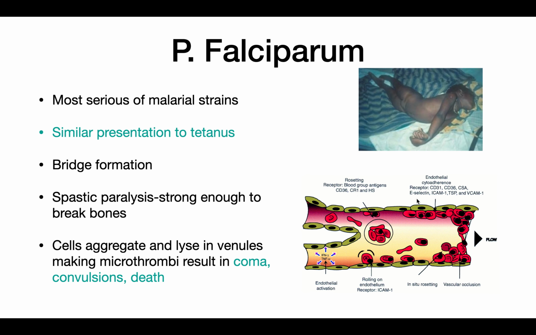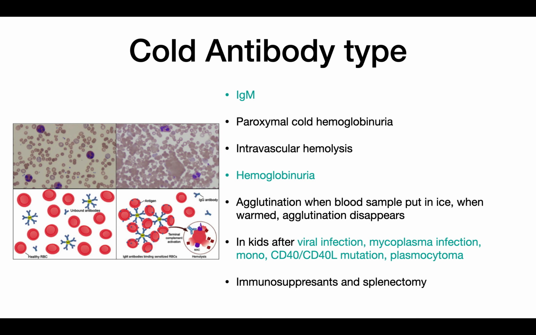Cold antibody type, on the other hand, is going to be characterized by IgM versus IgG, and it's going to be cold hemoglobinuria, where when the urine is placed in decreased temperature, there's going to be clotting formation.